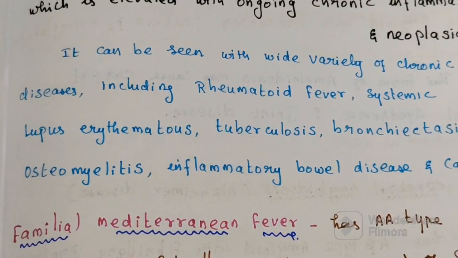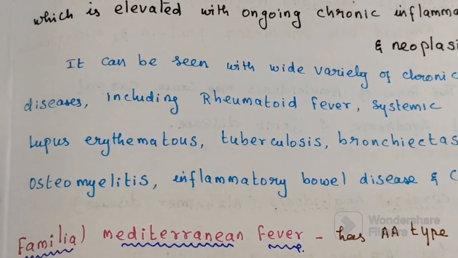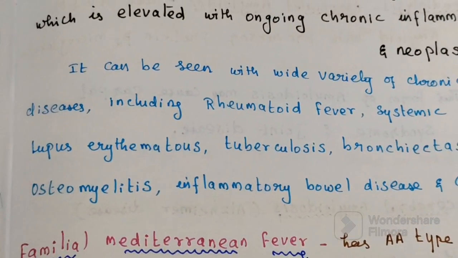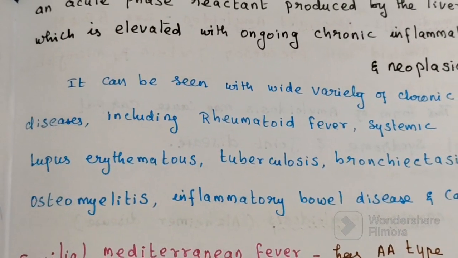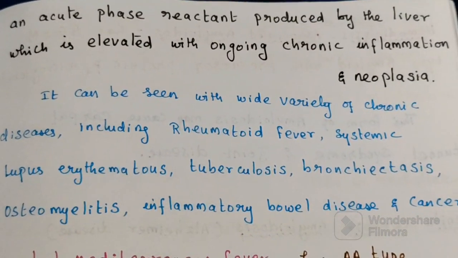In chronic inflammatory processes, you can find some amyloid associated protein from the liver accumulating in different organs.